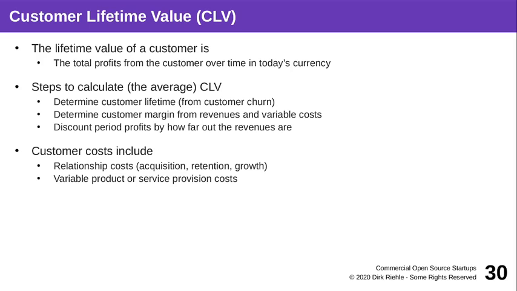The revenues are usually pretty well understood. The costs are sometimes harder to calculate, but you just get averages anyway from your acquisition process, the customer retention, meaning keeping customers, and the potential upselling and cross-selling activities.